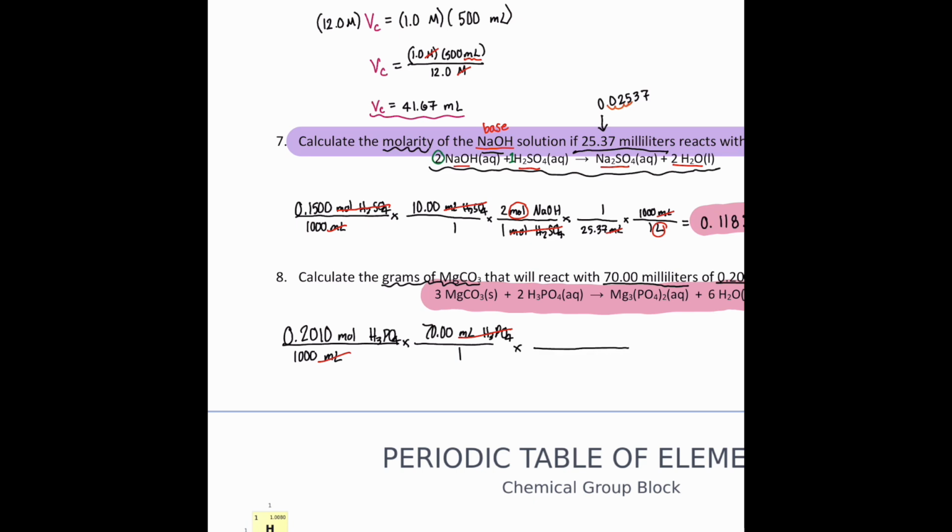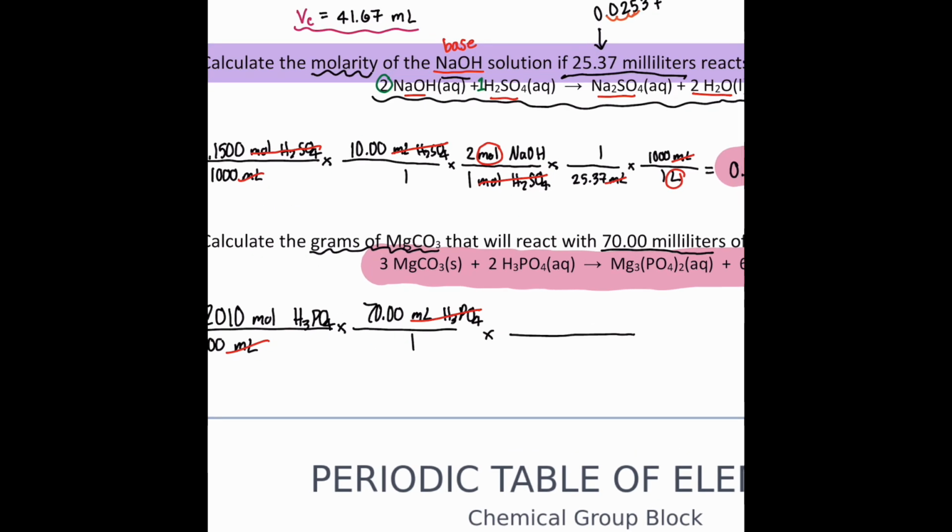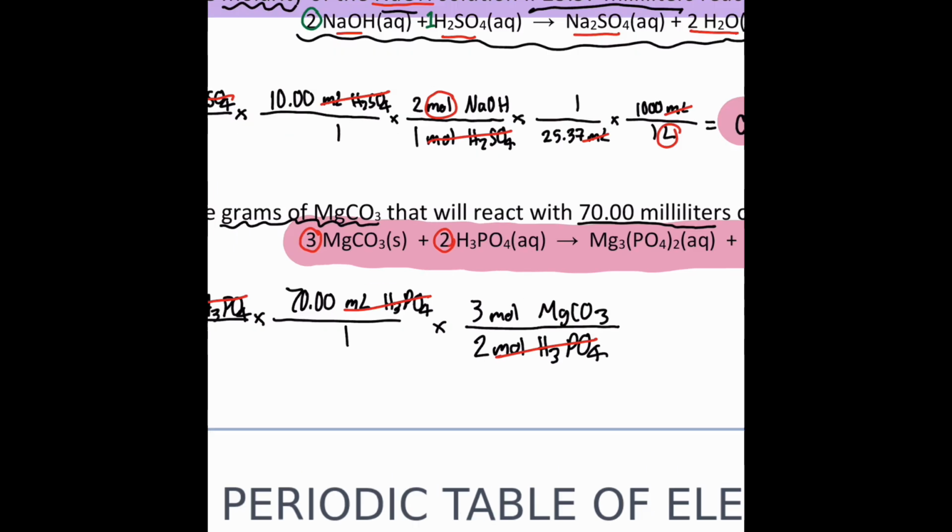Next step, we want to utilize our balanced equation to solve for our moles of magnesium carbonate. For every 2 moles of our phosphoric acid, and we put it in the bottom because we want it to cancel with the numerator here, we are given 3 moles of our magnesium carbonate on top.